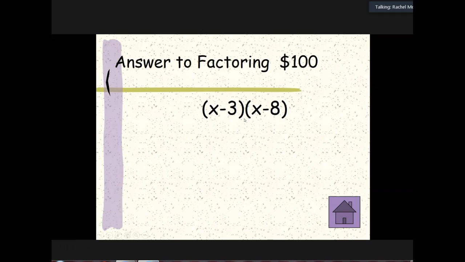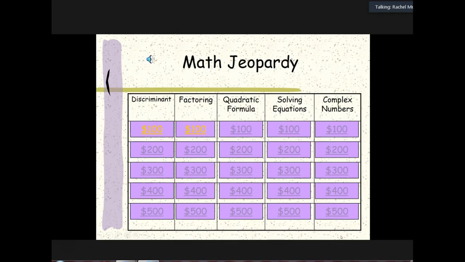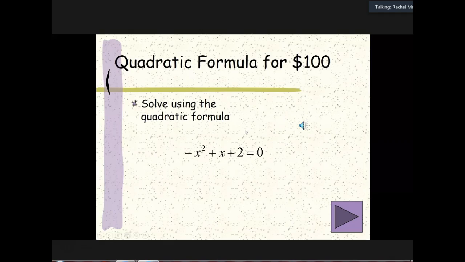Okay, x minus 3, x minus 8. The last term was positive. Therefore, both factors had to be positive or negative. Since the middle term was negative, that meant both terms were... Alright, category and points, Lily. Okay, quadratic formula for 100.